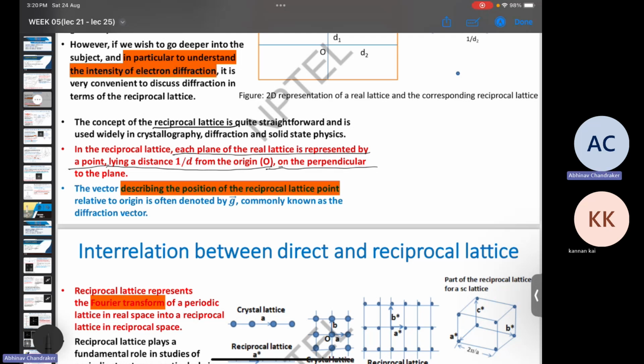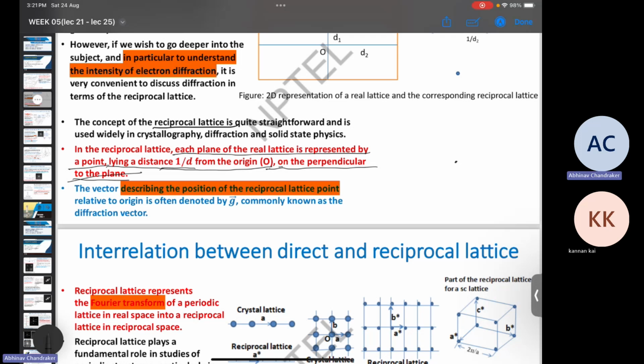And it will be perpendicular to the plane, and this distance 1 by d will be perpendicular to the plane from which diffraction happens, right?